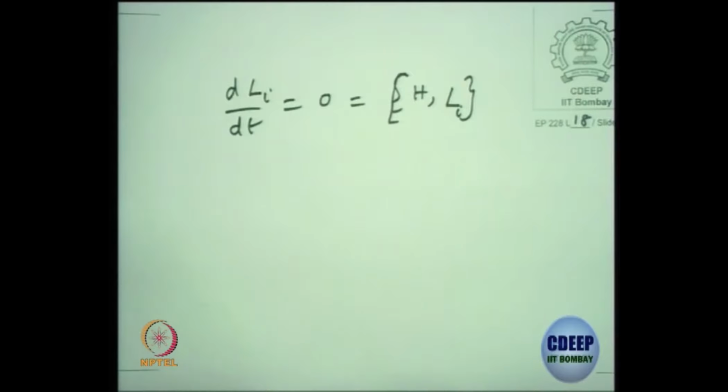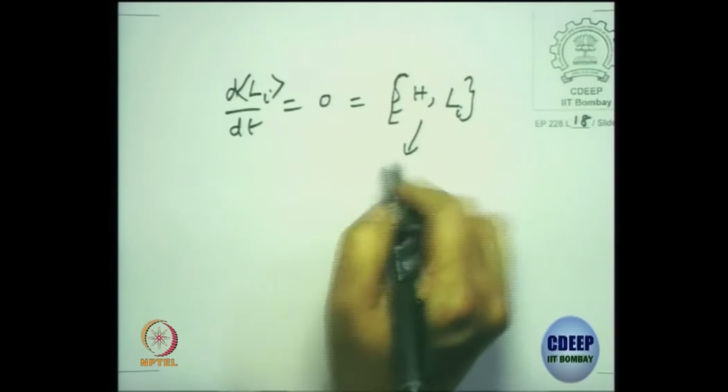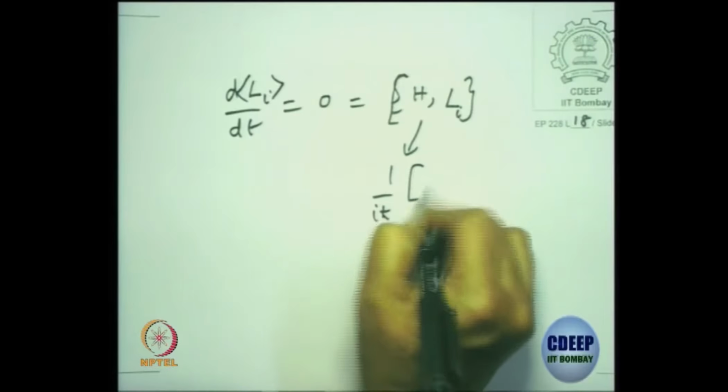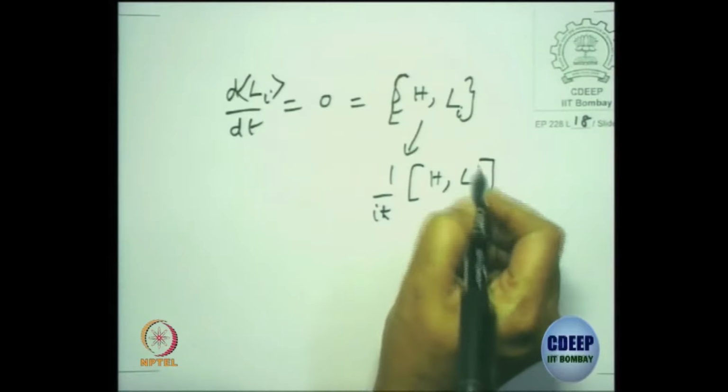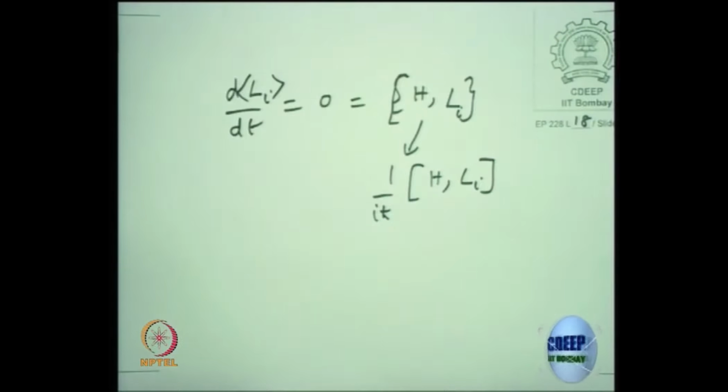But in quantum mechanics, what do you have to do? This will become 1 by i h cross times the commutator. Is that right? So the hydrogen atom problem is a central force problem which is rotationally invariant, and we expect the left hand side to be 0, and that is possible if the Hamiltonian commutes with angular momentum, correct?